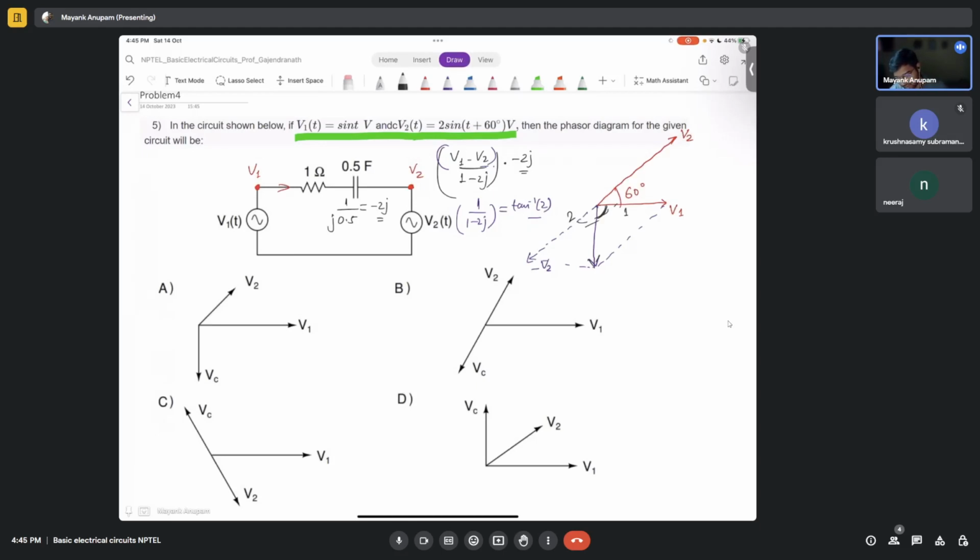Come on, this is very easy. So this is 1, this is 2, this is 120 degrees, this is the diagonal. So how much is this angle here? Sir, 60 degrees. Is it?